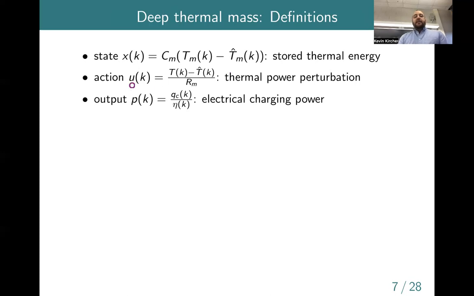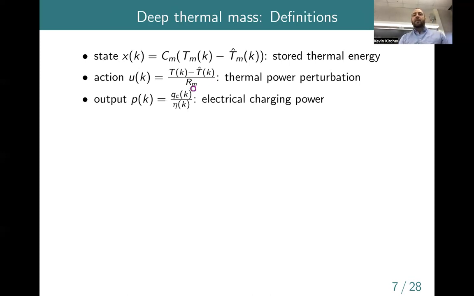And then the action here has units of power, but it's actually the actual temperature measured in the space, or the air temperature in the space, minus what that air temperature would be in baseline operation. So basically, if I want to store energy in the thermal mass in this wall, I need to warm up the indoor air and keep it warm for a while, so that heat will bleed from the air into that deeper mass.